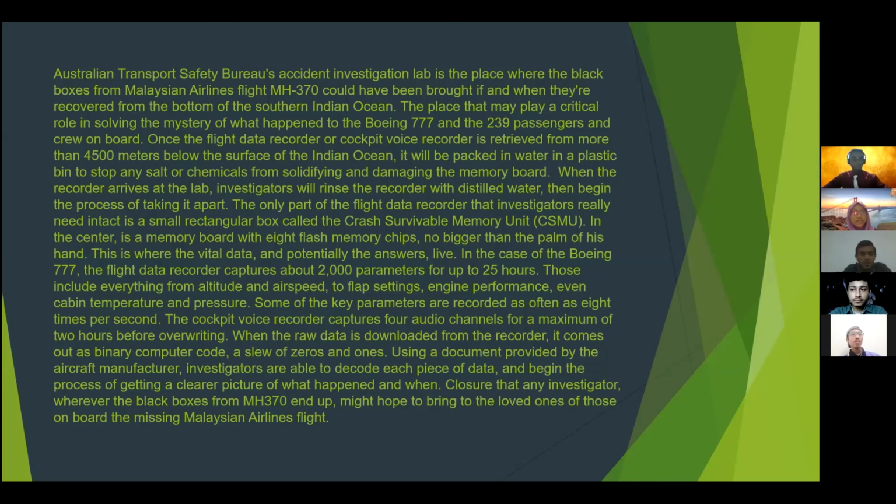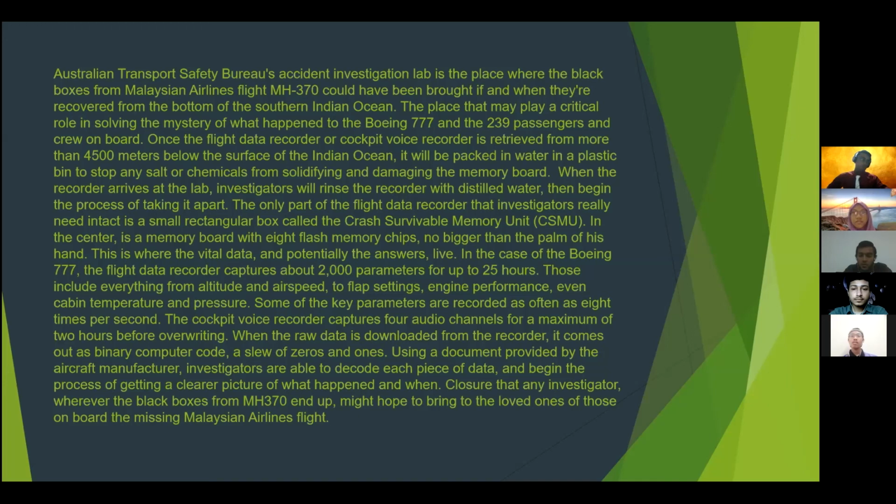In the case of the Boeing 777, the flight data recorder captures about 2,000 parameters for up to 25 hours. Some of the key parameters are recorded as often as 8 times per second. When the raw data is downloaded from the recorder, it comes out as binary computer code, a slew of zeros and ones.